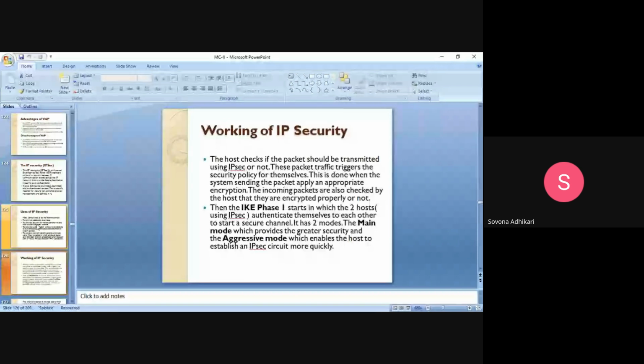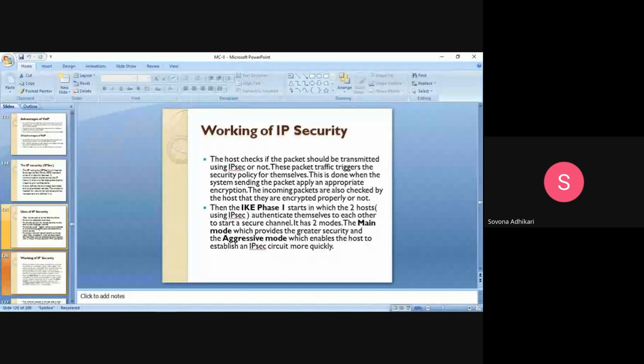The incoming packet is also checked by the host to see whether it is encrypted properly or not. So the host first checks if the packet should be transmitted using IPsec or not.